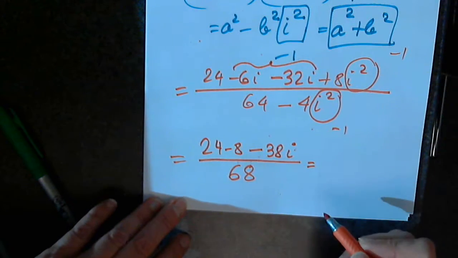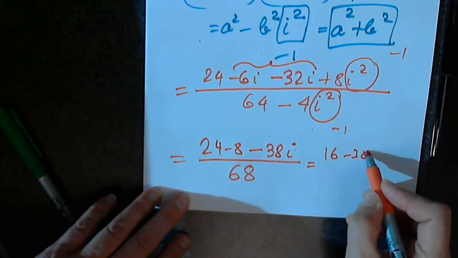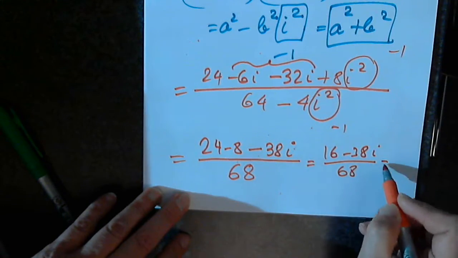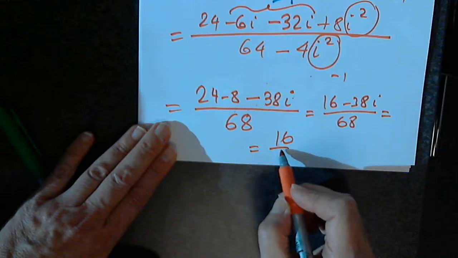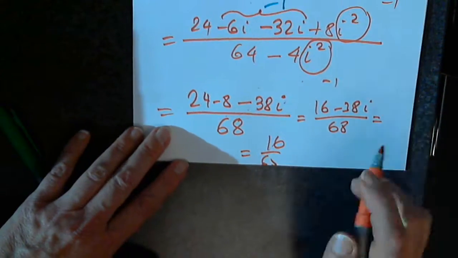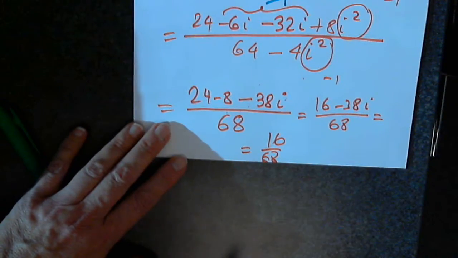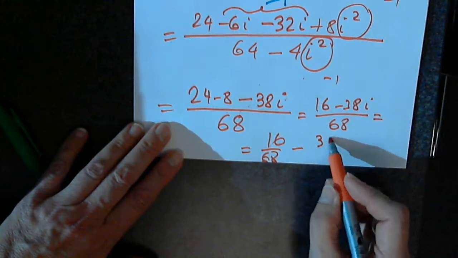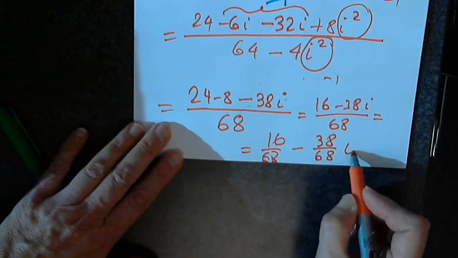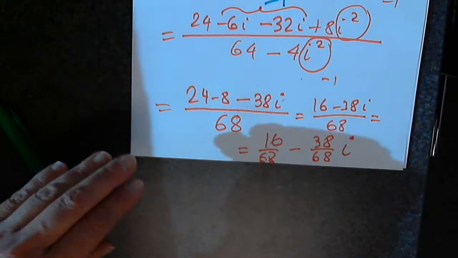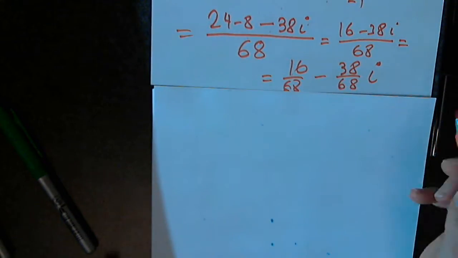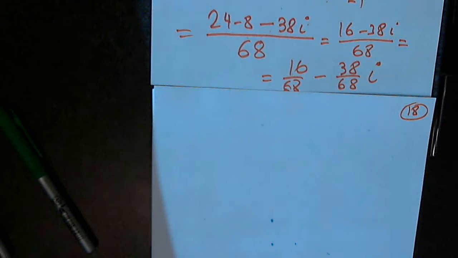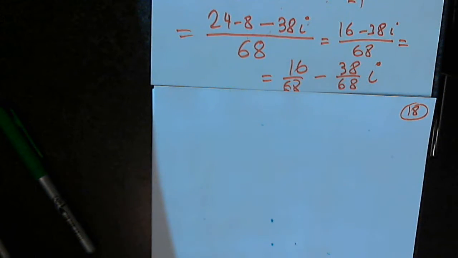24 minus 8. 16 minus 38i over 68. I have to separate it into 16 over 68 and minus 38 over 68 i. And I have to simplify both fractions as much as I can. 16 and 68. 68, if I divide it by 2, I'll get 34.